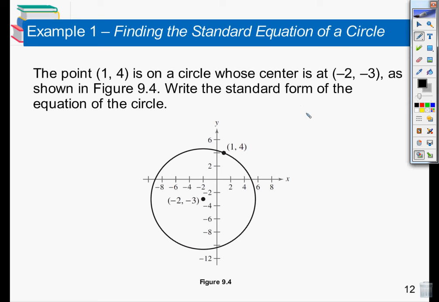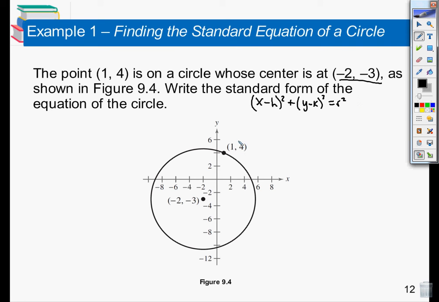First of all, we need the radius. Looking back at my equation, (x minus h) squared plus (y minus k) squared equals r squared, I need the radius and I need the center point.